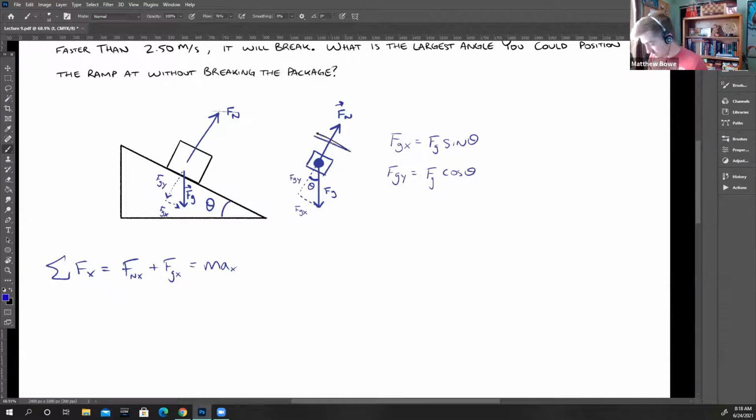There's no component this way. So this is 0 for the normal force. And for the force due to gravity, we have this. Oops, sorry. Try to make that smaller. F sub g sine theta.